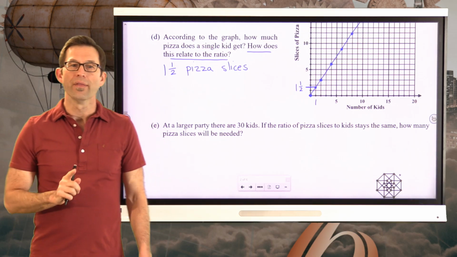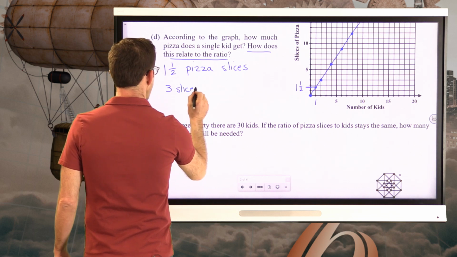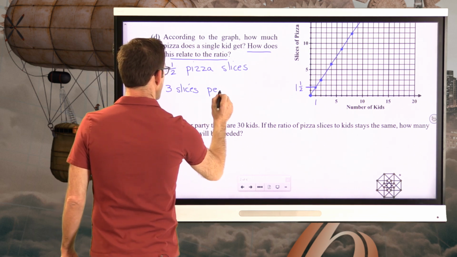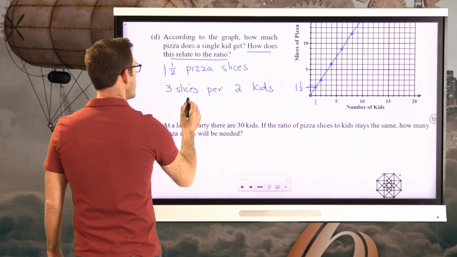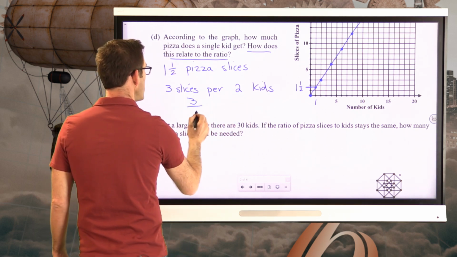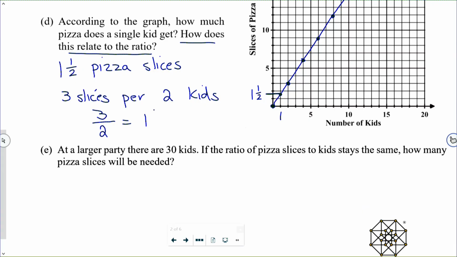Well, keep in mind the ratio was 3 slices per 2 kids. And in fact, if we formed the fraction 3 divided by 2, or 3 halves, that would be 1.5 slices.